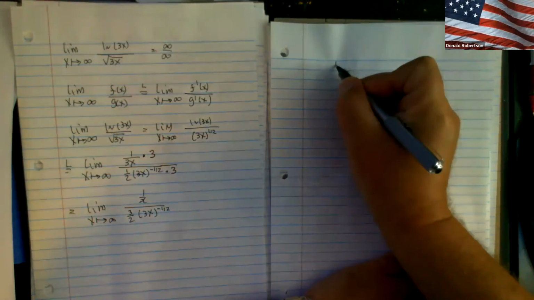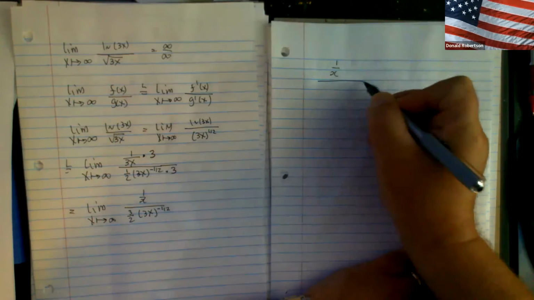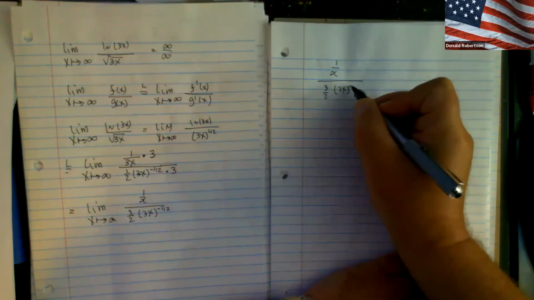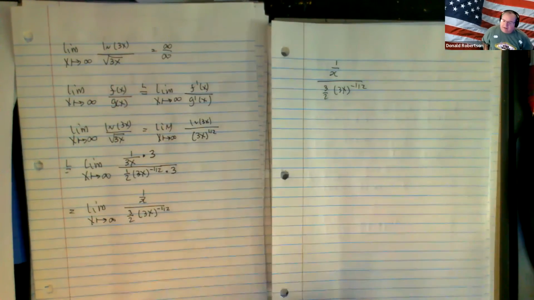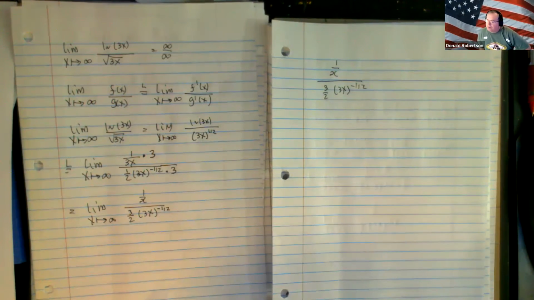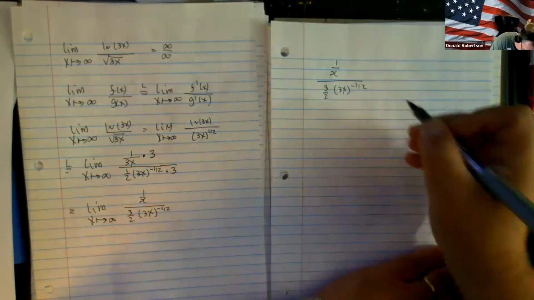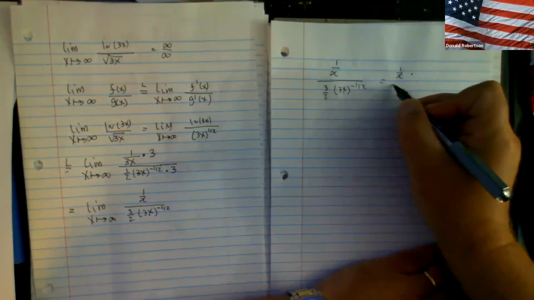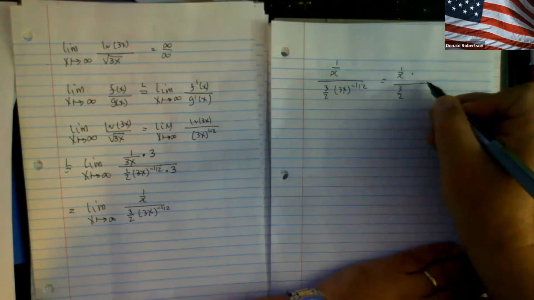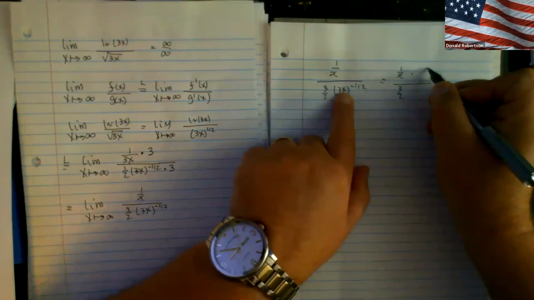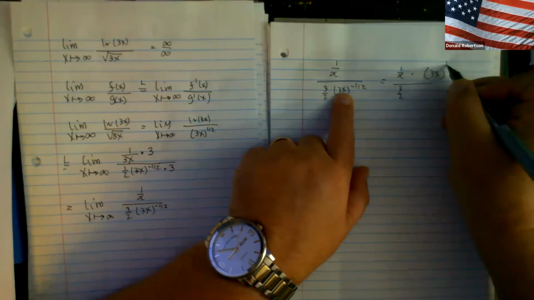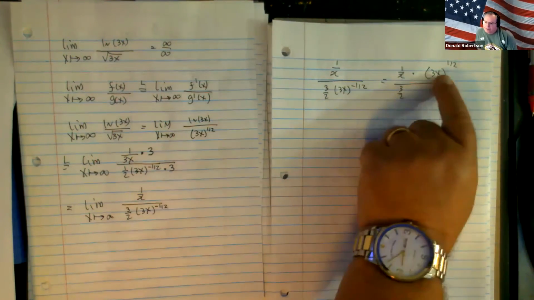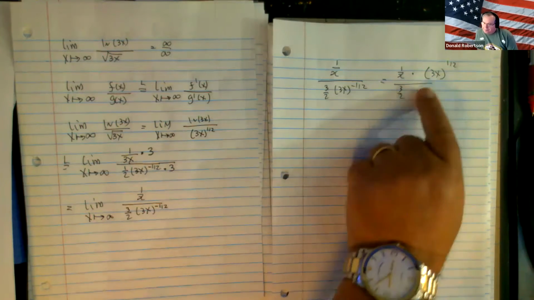I'm going to see if I can algebraically make that easier to deal with. So it's 1 over x times over 3/2, and I'm going to do times this guy to the power of positive half. Are you comfortable that a negative half on the bottom becomes a plus half on the top?